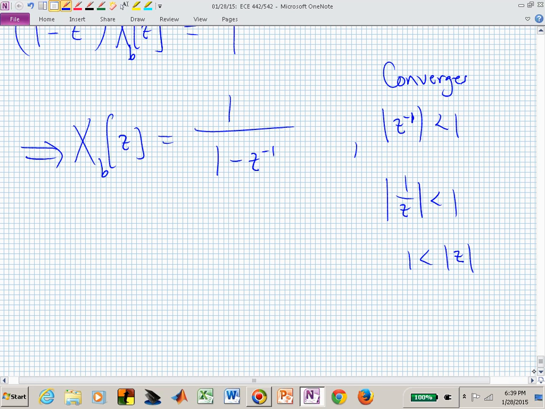And maybe you don't like writing things in terms of powers of z with negative exponents. We can either multiply both top and bottom by z or factor out a z to the minus 1 and cancel things.